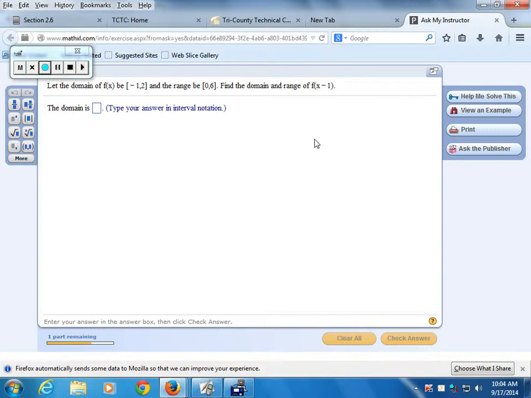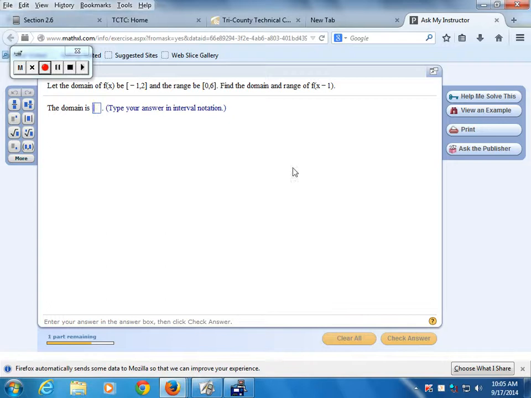If the domain is negative 1 to 2 and it shifts 1 to the right, what's your domain going to be? 0 to 3.